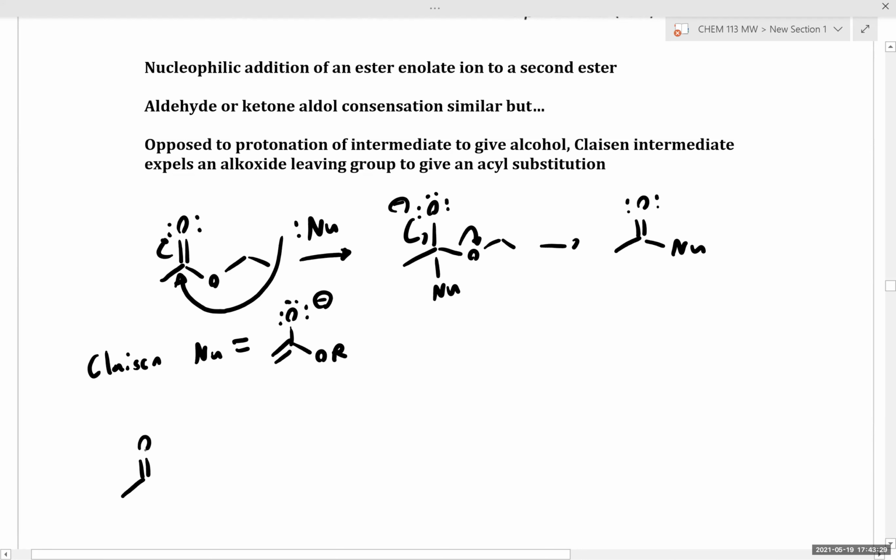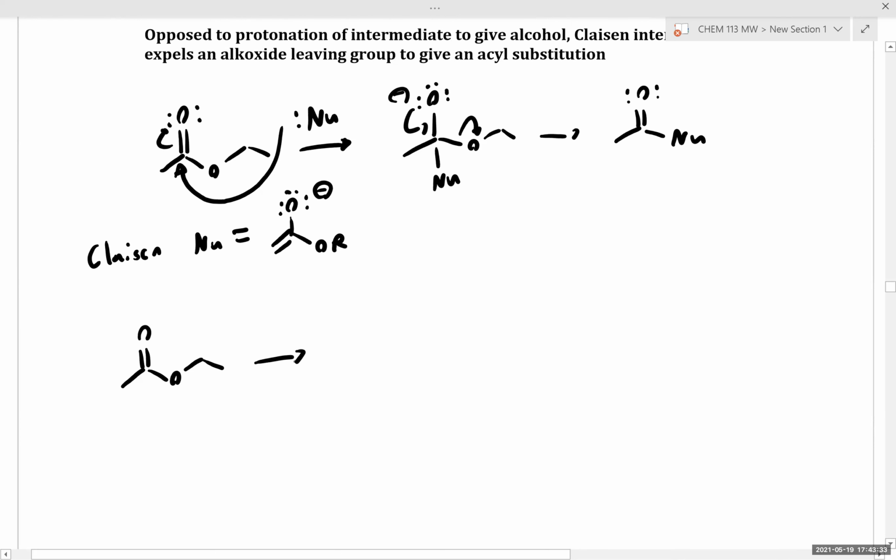So suppose you start with a generic ester and you treat it with strong base. In this case, we use ethoxide. Ethoxide's not the strongest base imaginable, but it's chosen to avoid transesterification. You could also use a non-nucleophilic base like sodium hydride.